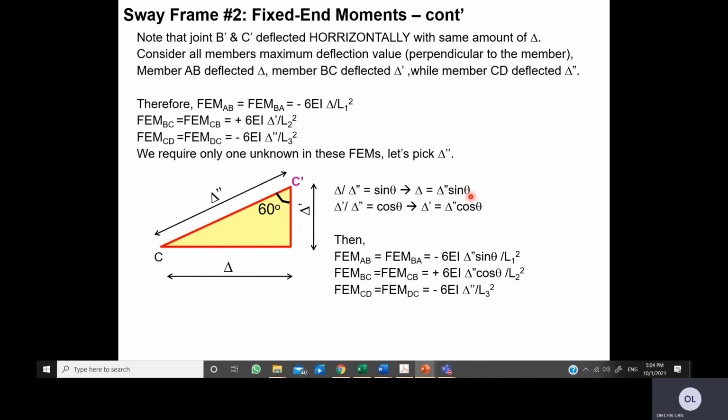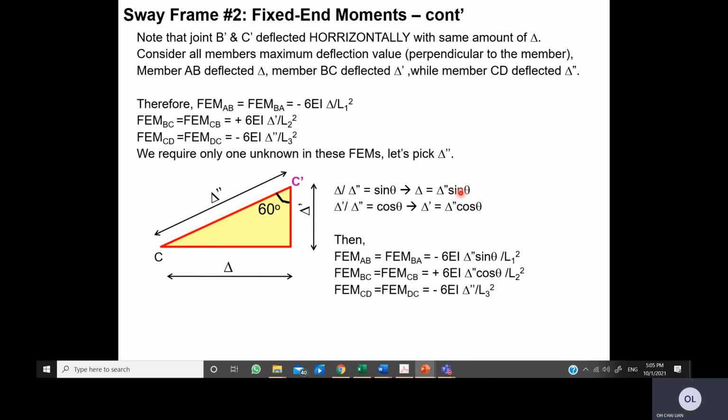Then we find another relationship between delta prime and delta double prime. Cos 60 is delta prime divided by delta double prime, so delta prime is equal to delta double prime cos theta.